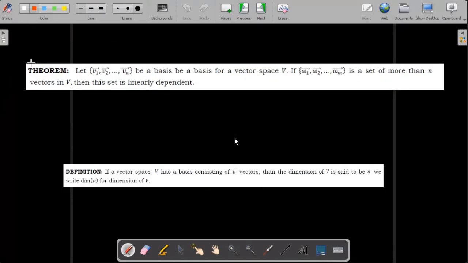The first one is: if the basis contains n elements, if you find that there are n elements in the basis set, and you take any subset of the vector space which contains more than n elements, then that set is going to be linearly dependent. Try to understand. If a basis set has n elements, then any set which contains more than n elements is linearly dependent.